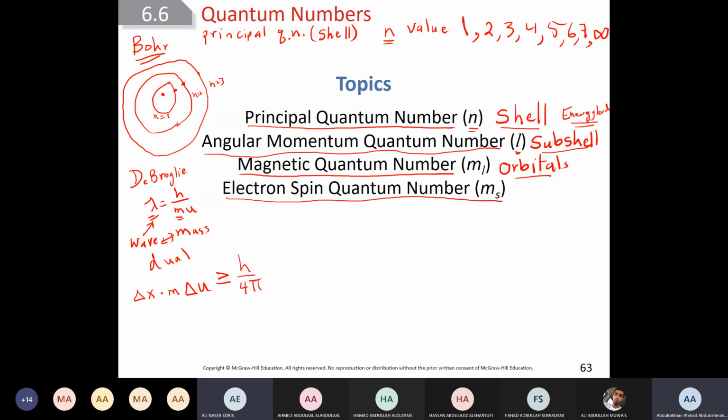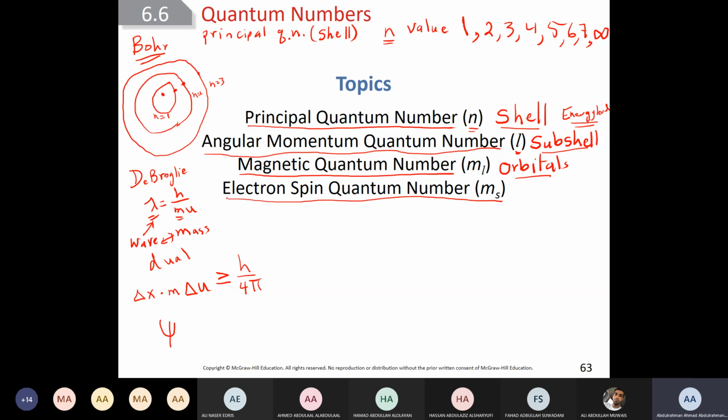What's the name of this equation? The uncertainty principle. Who developed it? Heisenberg. Heisenberg uncertainty principle.